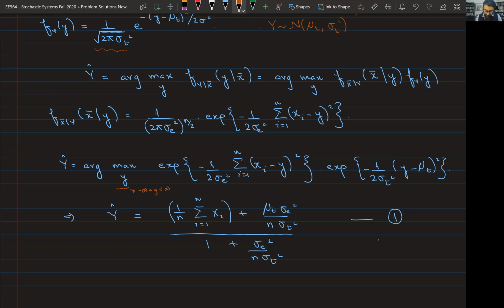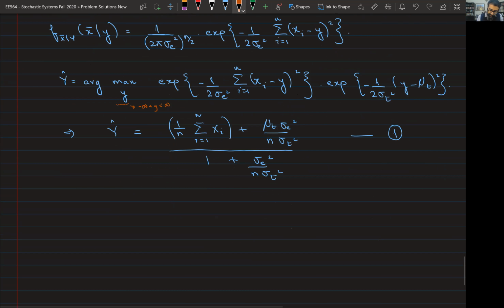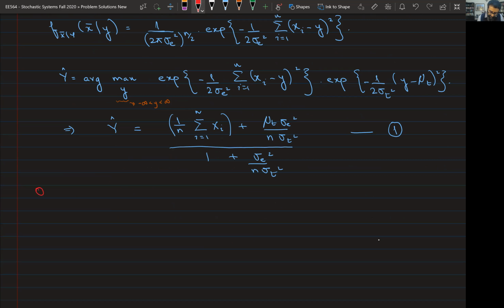Our problem is not very different, only slightly different, in the sense that the prior has a shape exactly like the textbook prior. So this is still 1 upon root 2 pi sigma_t squared, e raised to minus (y minus mu_t) whole squared divided by 2 sigma_t squared, except that we're truncating.